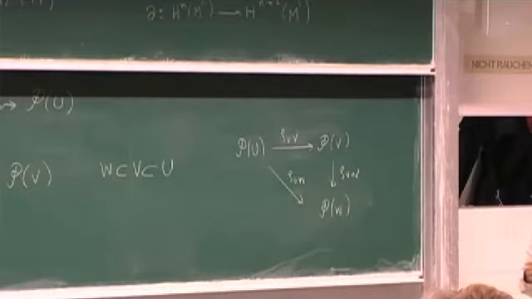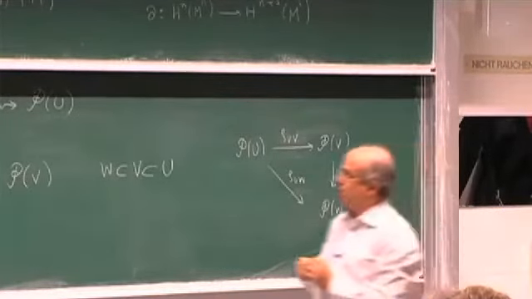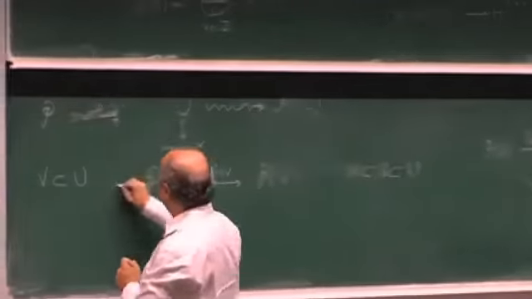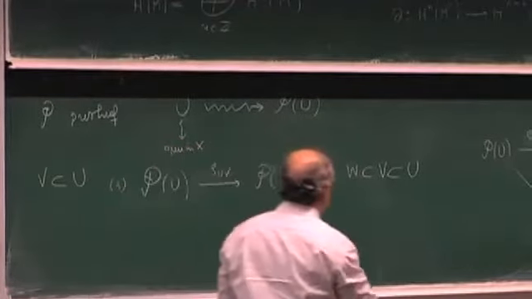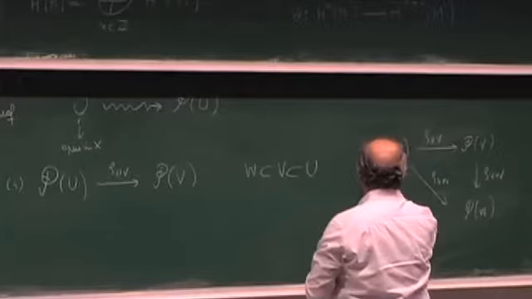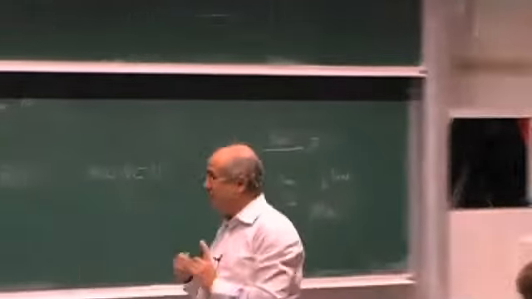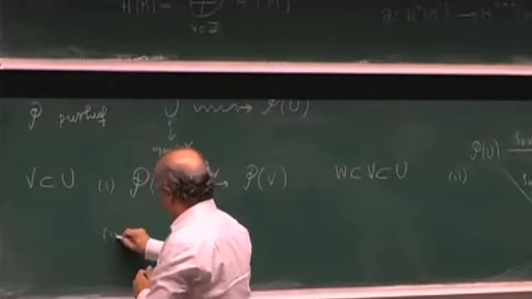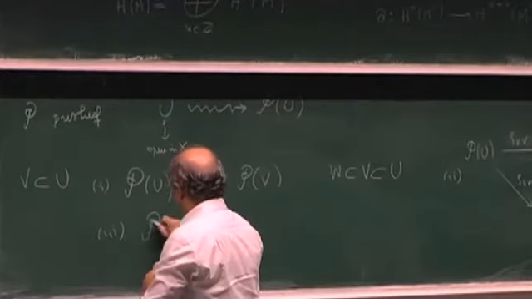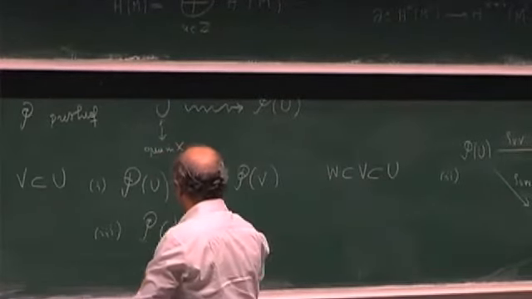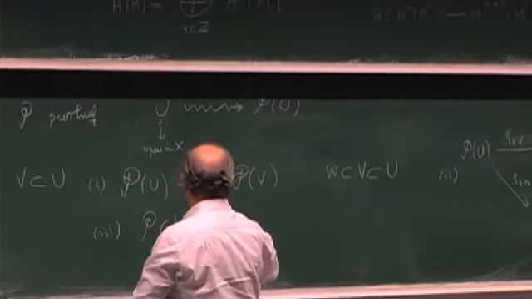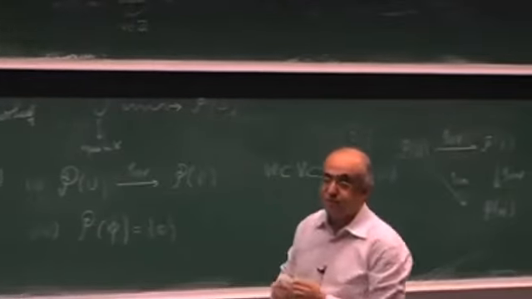So we have this additional property. The first property is that the restriction morphisms exist. The second property is that they satisfy this commutativity. And the third condition, which is needed in the case of presheaves, is that there is a very particular open subset, the empty set, and to this you want to associate the trivial abelian group.